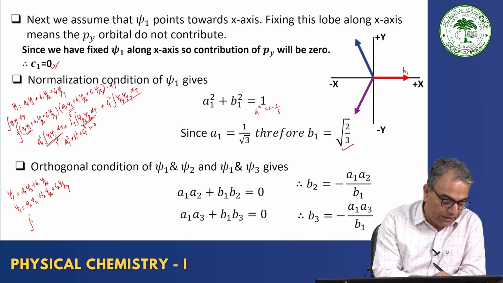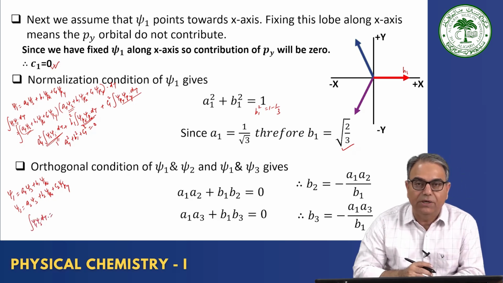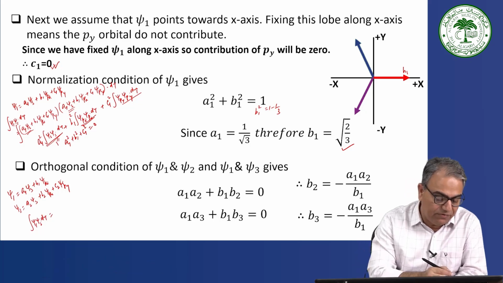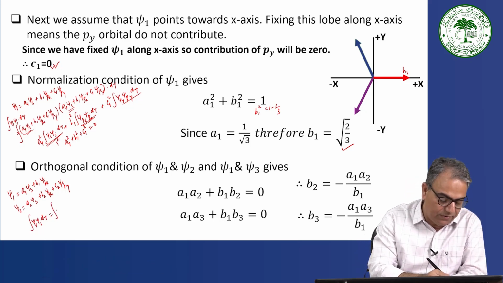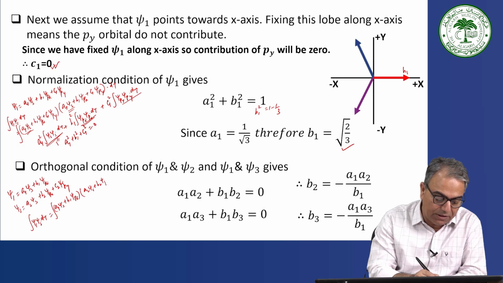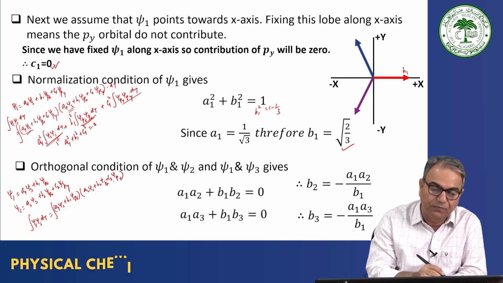So the integral of psi 1 psi 2 d tau will be the orthogonality condition. And what will you get? a1 will be multiplied by a2, with psi 1 as a1 psi s plus b1 psi px and psi 2 as a2 psi s plus b2 psi px plus c2 psi py.